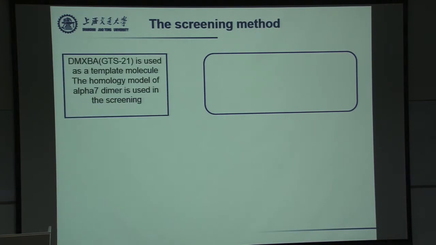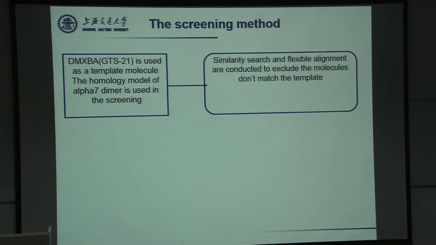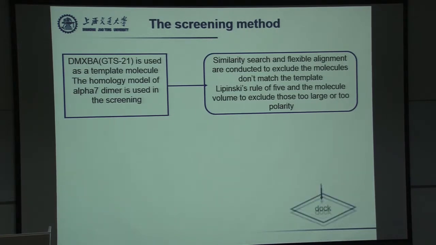So we use this template and also use only a dimer, because we are only interested in the ligand binding part of the protein. We use the similarity search first, and this Lipinski rule of 5 is well known in this drug screening field.